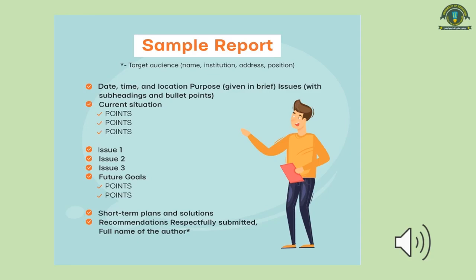All these points are equally important in writing a report. So I think after having a look at this sample, you will be able to write a report in a systematic order, with a systematic arrangement of all these points. You can manage to write a good report.